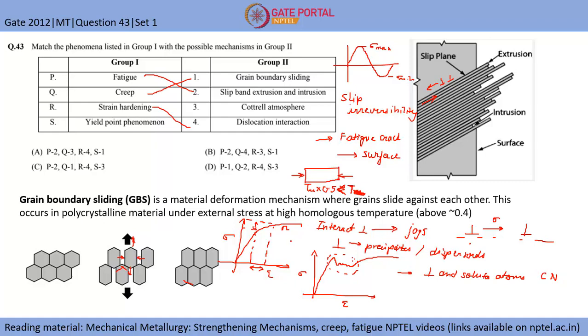Hence, this causes an increase in stress which is greater than usual. This is the first yield point, usually called the upper yield point, which is the stress required for the dislocation to break away from this atmosphere.